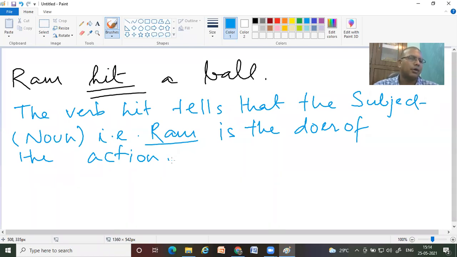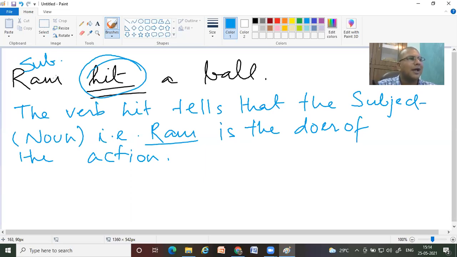Now, Ram hit a ball. Here is the verb hit, and the verb hit tells us that the subject, what is the subject? Ram. The subject is the doer of the action.